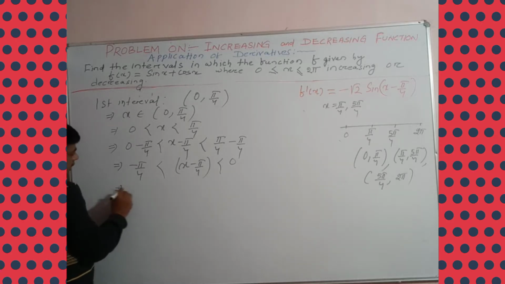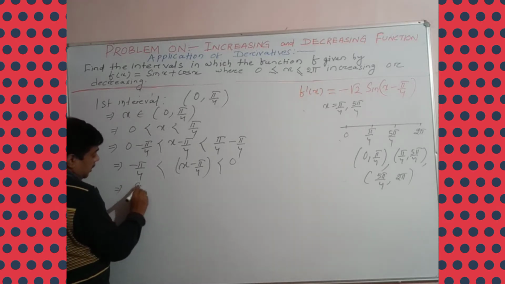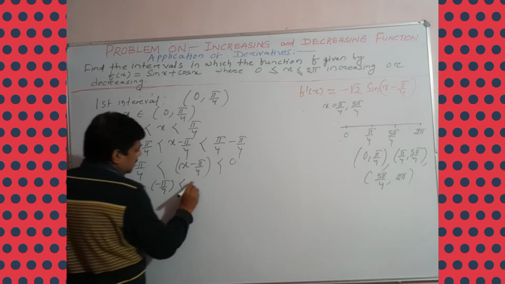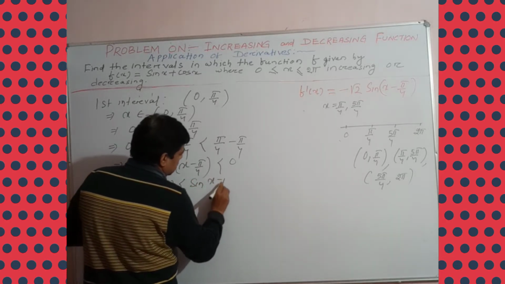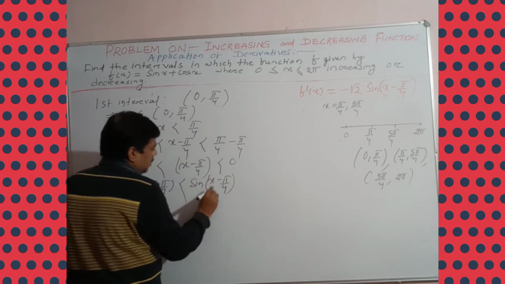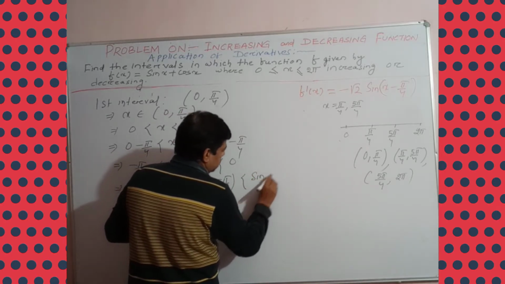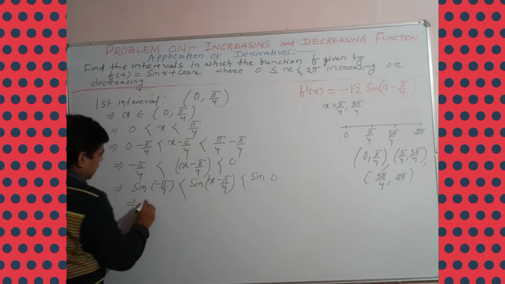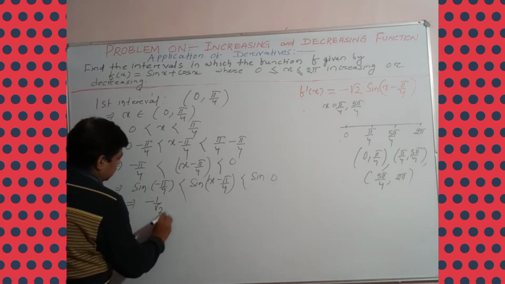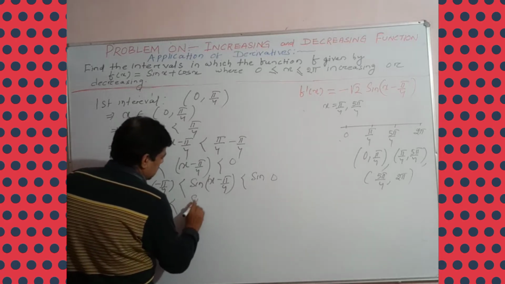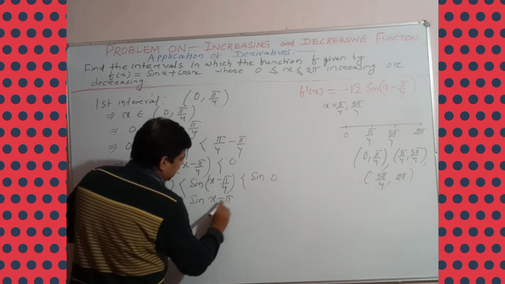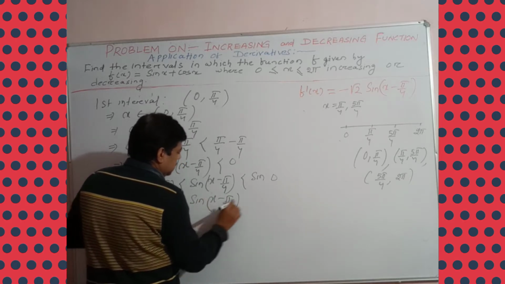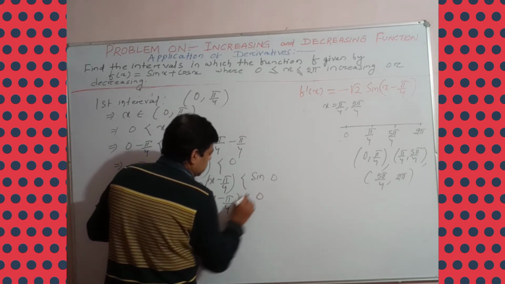That implies sine of minus pi by 4 is less than sine of x minus pi by 4, which is less than sine 0. That implies minus 1 upon root 2 is less than sine of x minus pi by 4, which is less than 0, since sine 0 is 0.